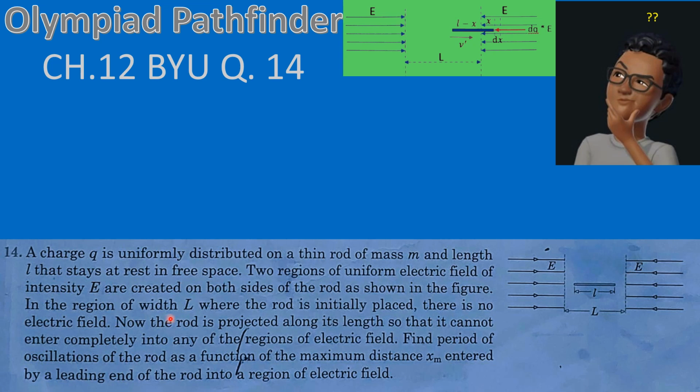In the region of width L, where the rod is initially placed, there is no electric field. Now the rod is projected along its length so that it cannot enter completely into any of the regions of the electric field.